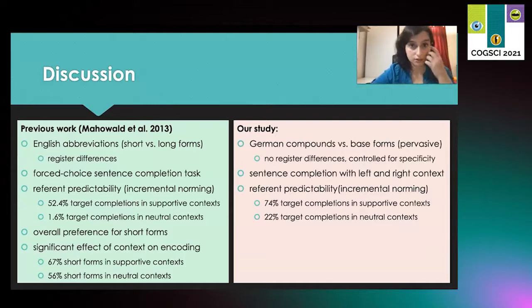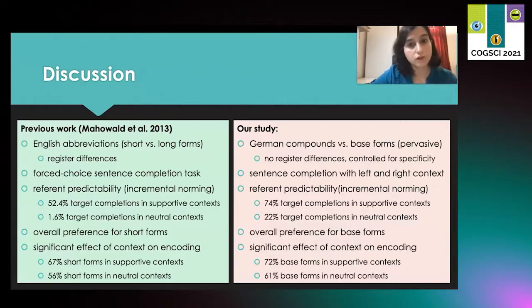So there is also a difference in referent predictability in our study, but it's milder. Overall, in the main study, we found a preference for base forms, and also a significant effect of context on the choice of encoding. 72% base forms were elicited in supportive context, and our participants used the base forms 61% of the time in the neutral context.